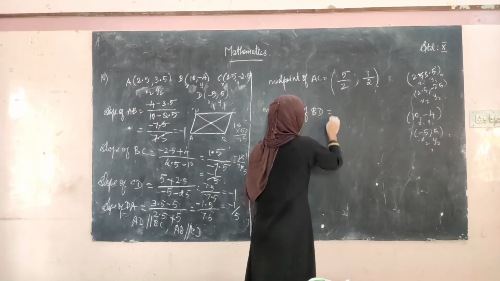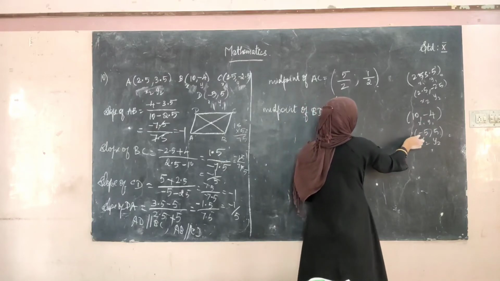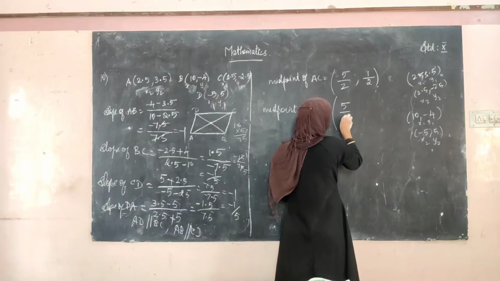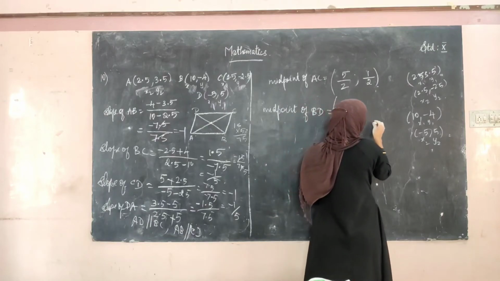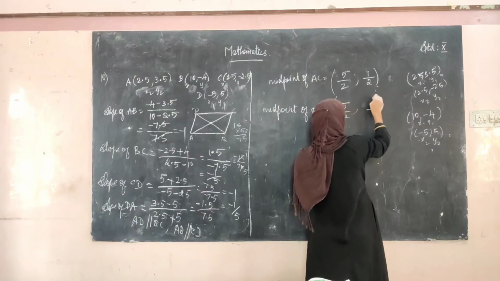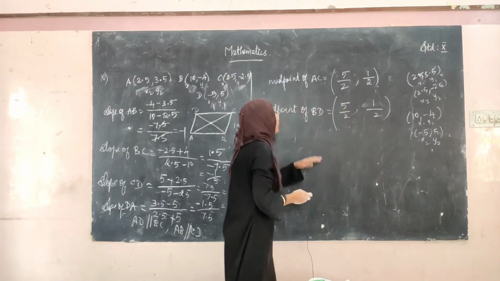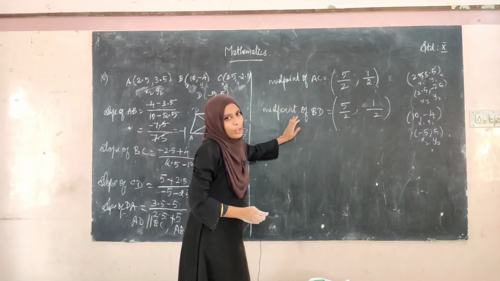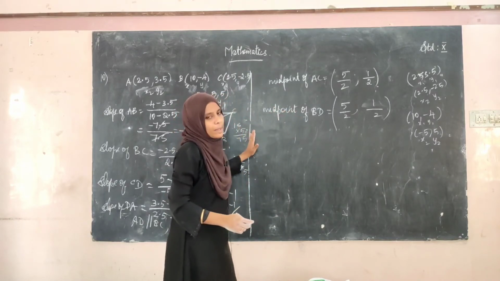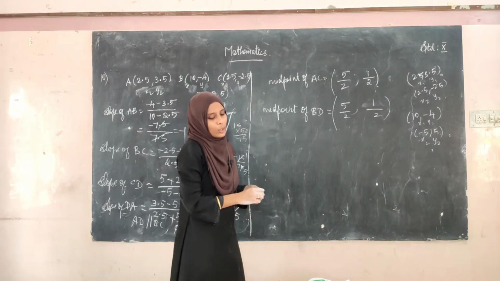So the formula is x1 plus x2. x1 is 10 plus of minus, it becomes minus. So 10 minus 5 is 5 divided by 2 comma y1 plus y2. Minus 4 plus 5 divided by 2. So 5 minus 4 is 1. See here, midpoint of AC is equal to midpoint of BD. Therefore we can say that the points A, B, C, D form a parallelogram.